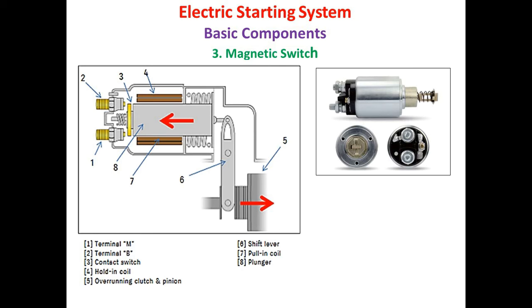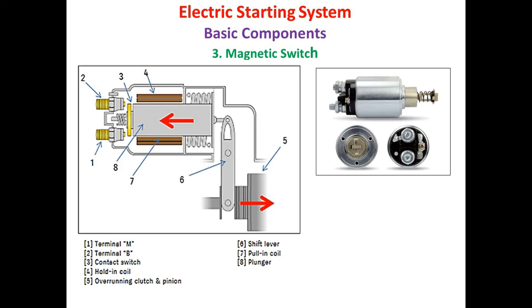As I said, the magnetic switch act as a relay and connect the battery to the starter motor. A small current is used to energize the pull-in and hold-in windings of the magnetic switch, which enables a large current to get passed from battery to the starter motor.